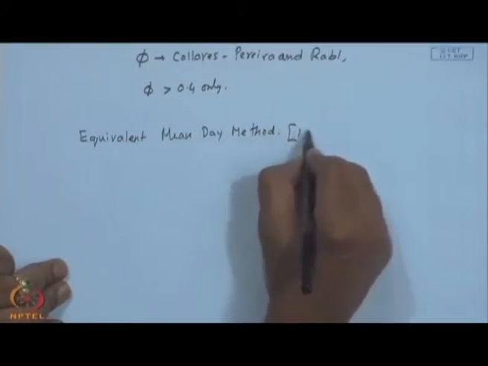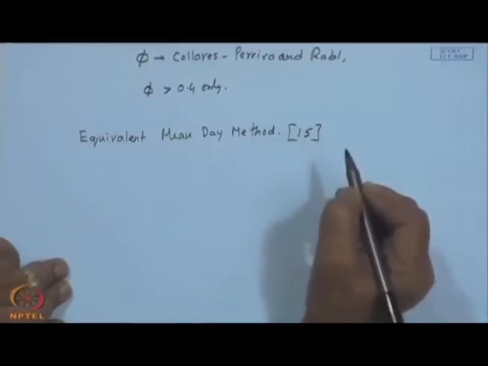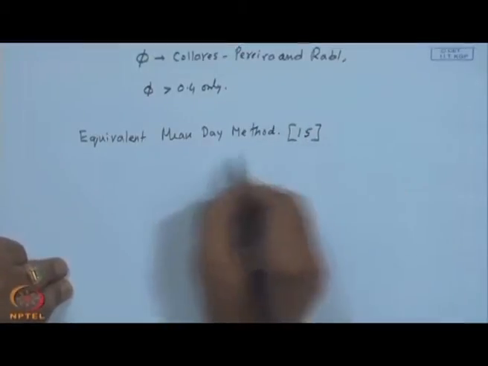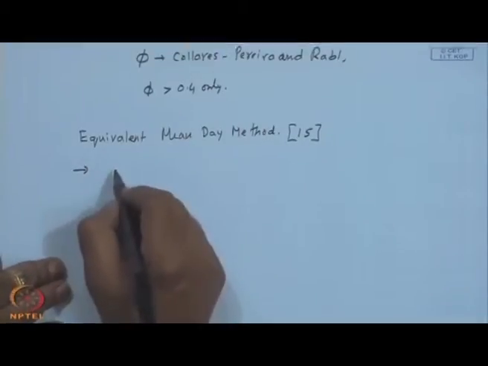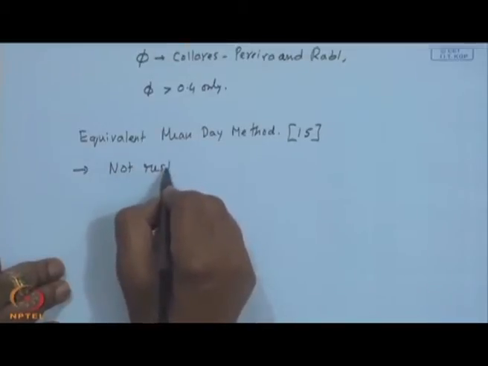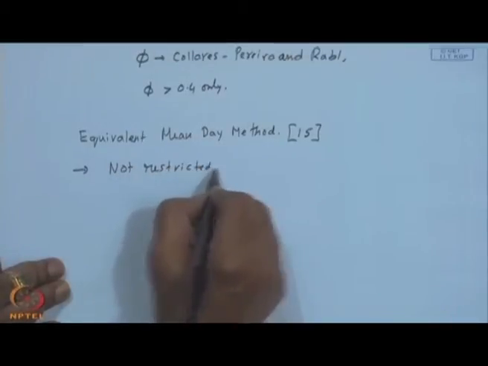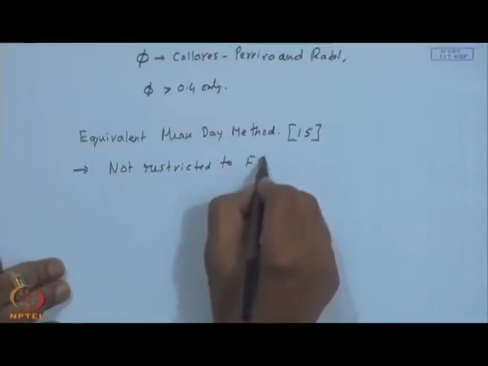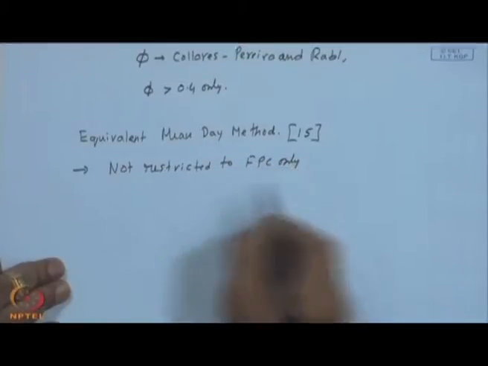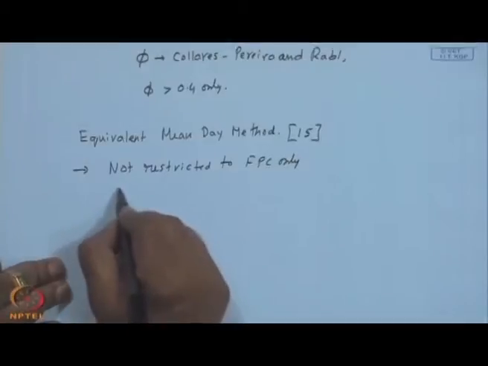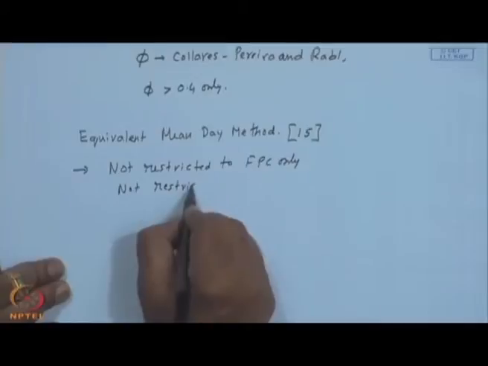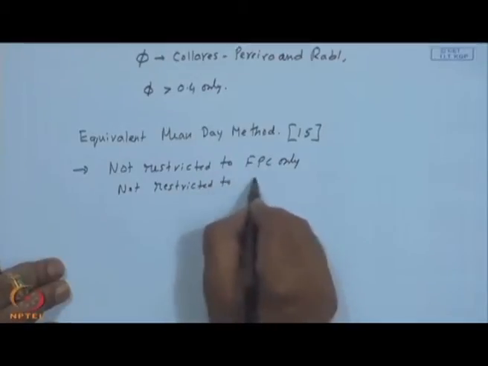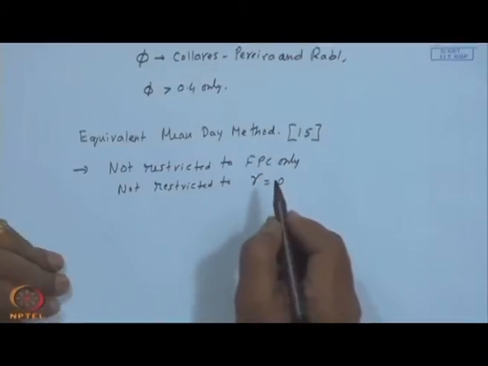This is available in a journal paper, of which I have given the reference, and this is the methodology. The working is also not restricted to FPC only, and not restricted to gamma equal to 0.